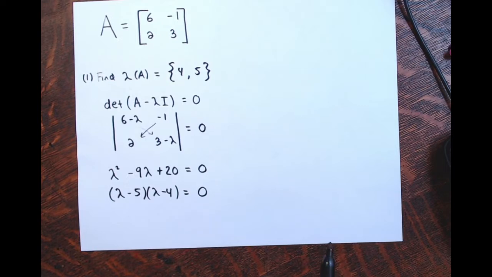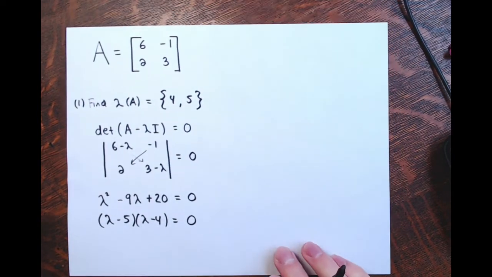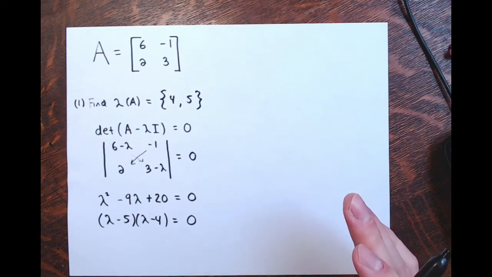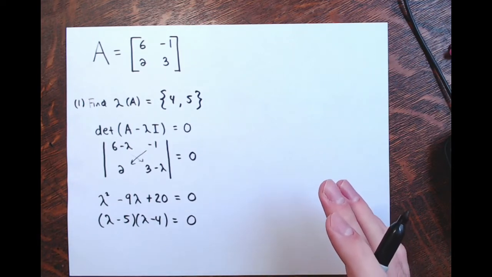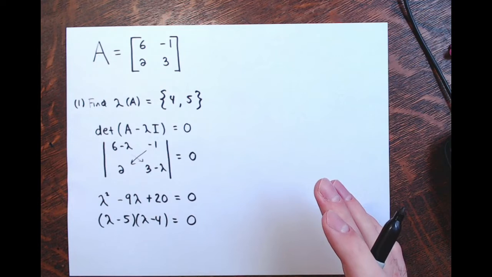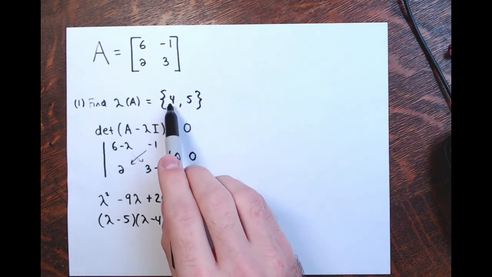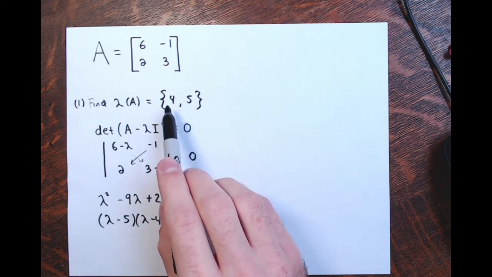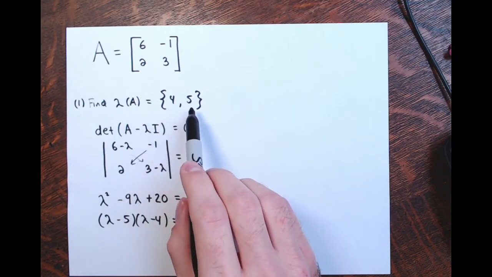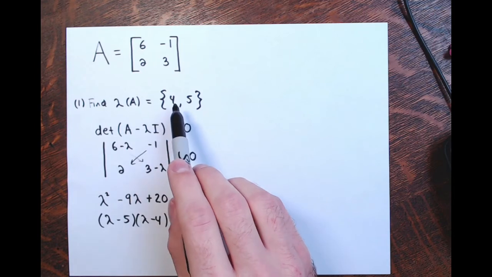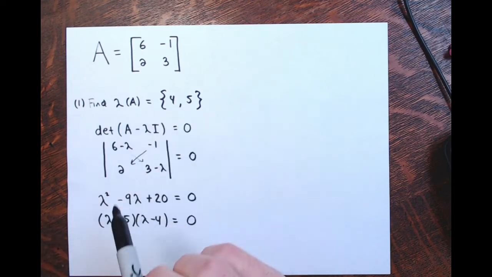Now right away, I can tell you that this matrix is what they call diagonalizable. Because if you recall from section 8.1, when you were introduced to finding eigenvalues and corresponding eigenvectors, the eigenvectors for distinct eigenvalues are independent. 4 and 5 are distinct eigenvalues.